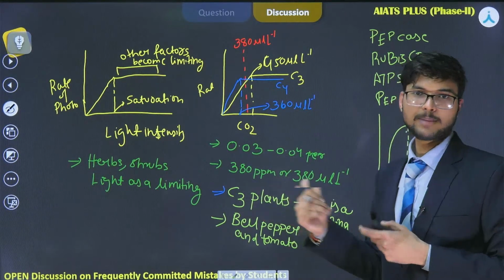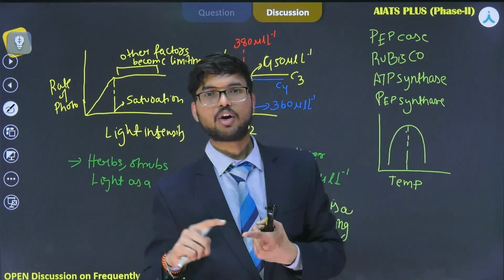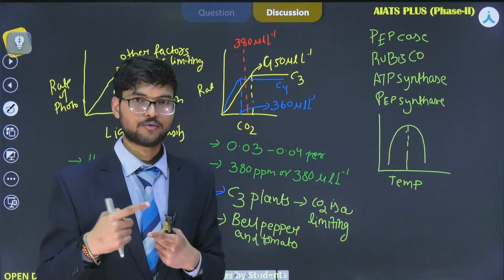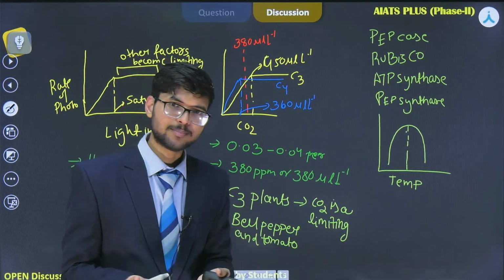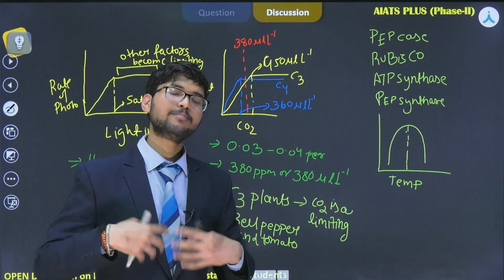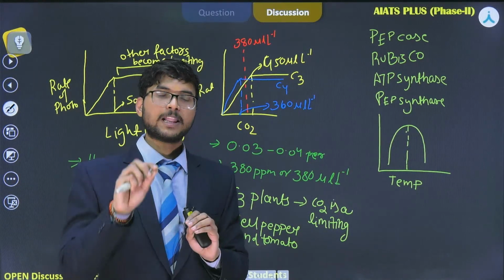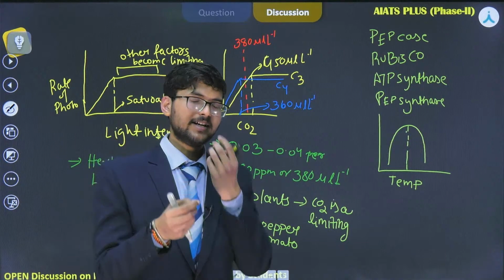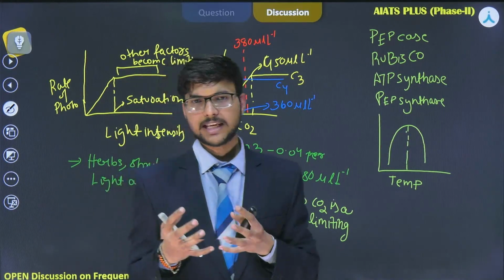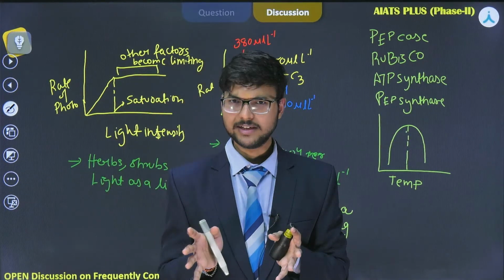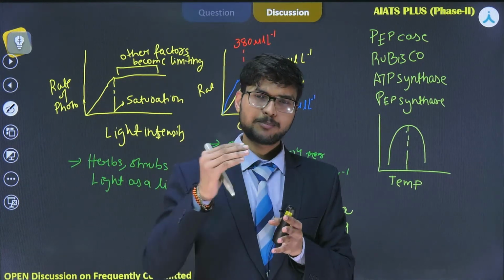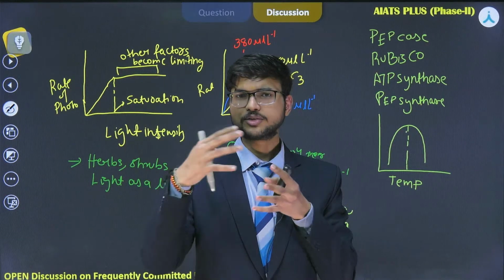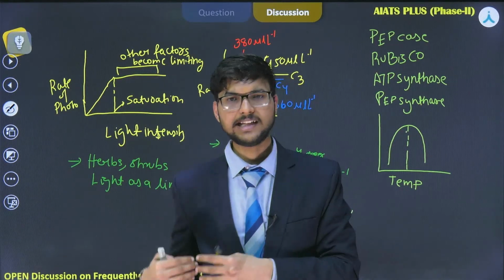Why am I not talking about water? Because water is not directly affecting the process of photosynthesis. Though water is quite important because water can act as a medium, right? Water is very important for our life, but because of water stress condition, you will find that plants' leaves wilt, and due to wilting of the leaf, the surface area decreases, and due to the surface area decrease, the process of photosynthesis will also indirectly decrease.